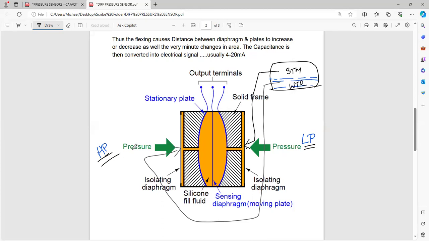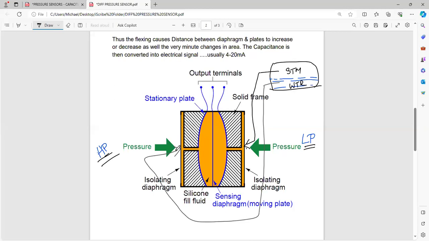Okay. But sometimes you can have your high pressure even less than your low pressure. In other words, if the water level is going to come right down, then your steam pressure will become more than your high pressure, isn't it?